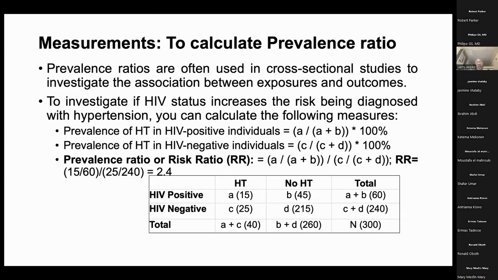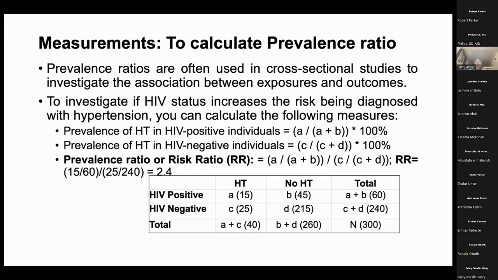And the prevalence in patients who are HIV negative would be cell C, 25 patients who are HIV negative but having hypertension, divided by the total number of patients who are HIV negative, which is 240, and we express both as percentages. So the prevalence ratio, or the risk ratio here, becomes 2.4.